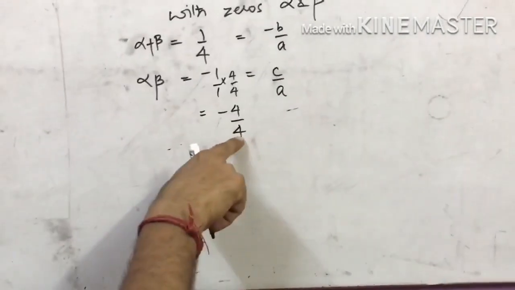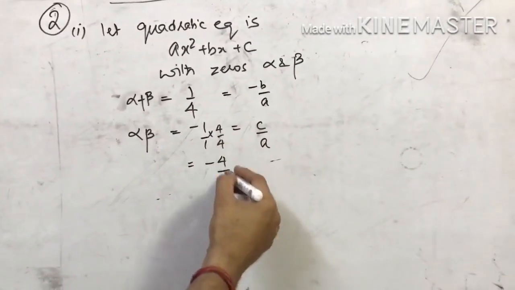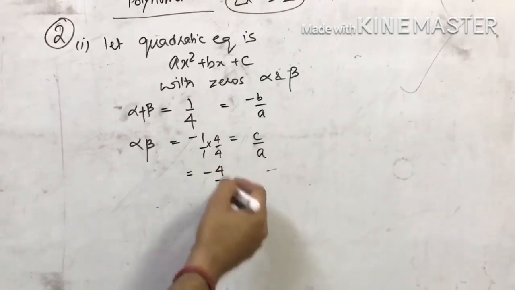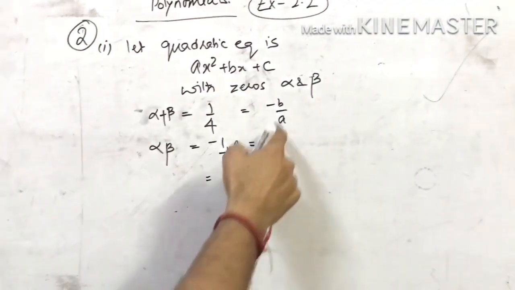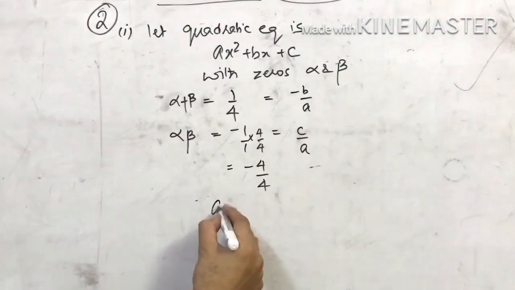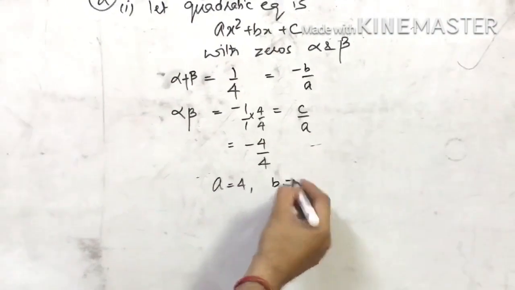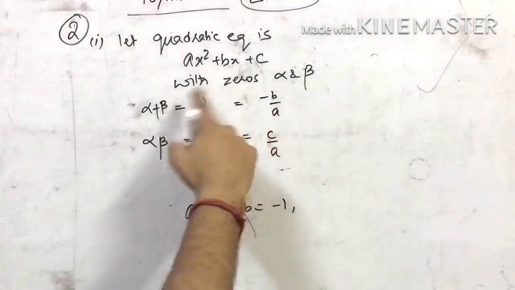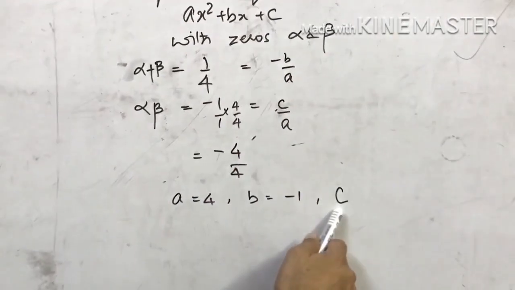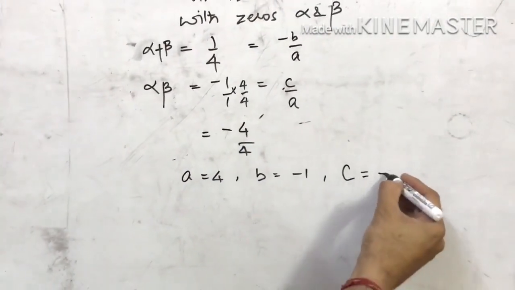Now you can see this 4 is the same as in a, and this number is an equivalent fraction of minus 1. Now by comparing these two equations, you can come to know that a is 4, b will be minus 1, because here minus b is 1, so b will be minus 1, reverse. So c is, because it is minus 1 into 4, minus 4, so it will be minus 4.